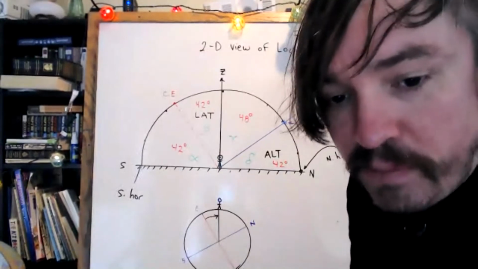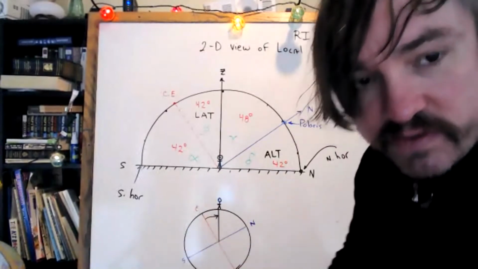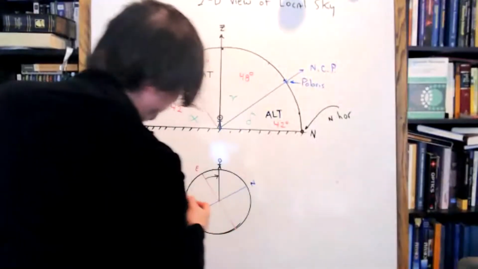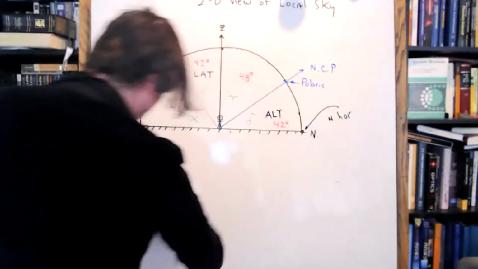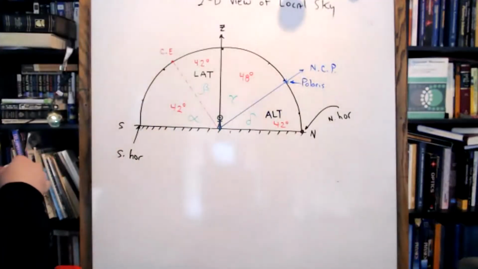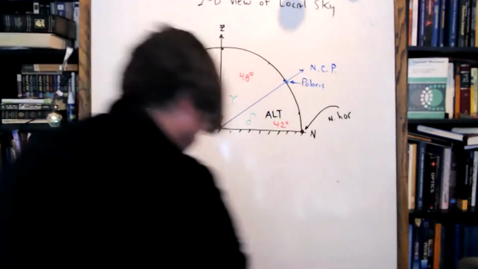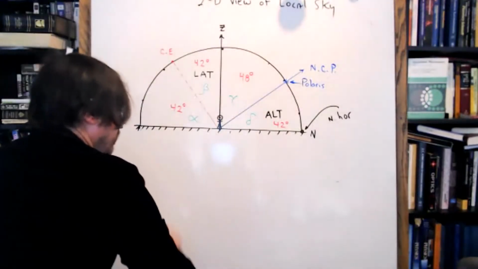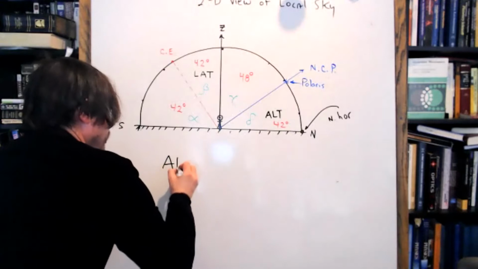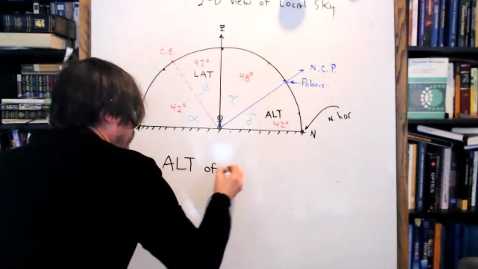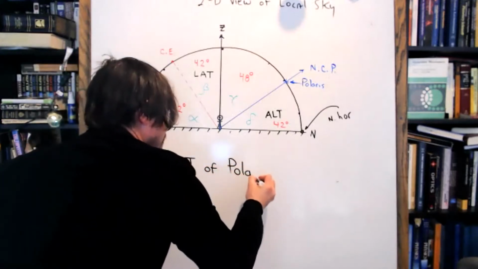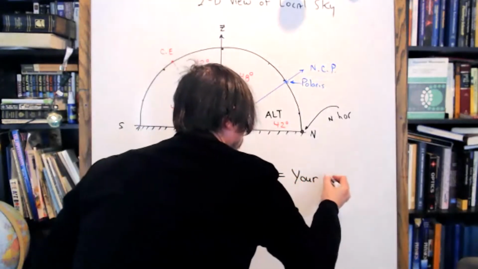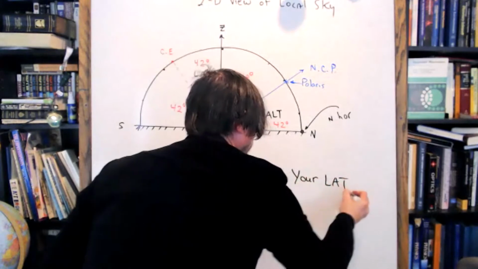This is such an important point that we're going to take it as a note right under here. So follow along with me. I'll erase this Earth. We have just proved an important result, and the result goes a little bit like this. The altitude of Polaris is equal to your latitude.